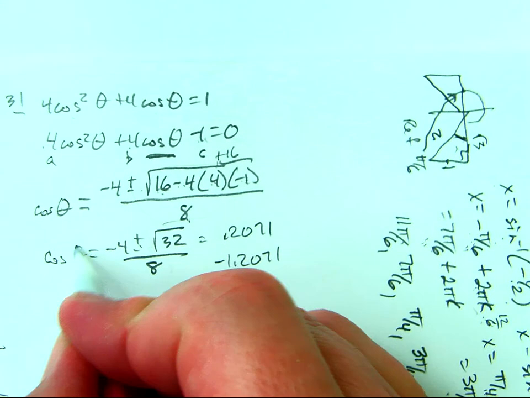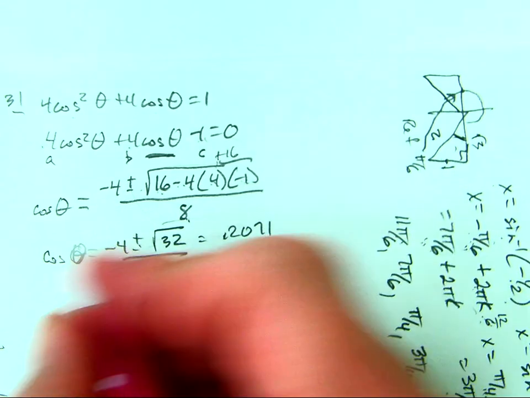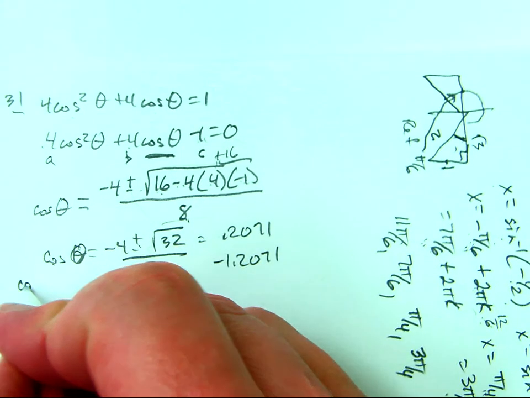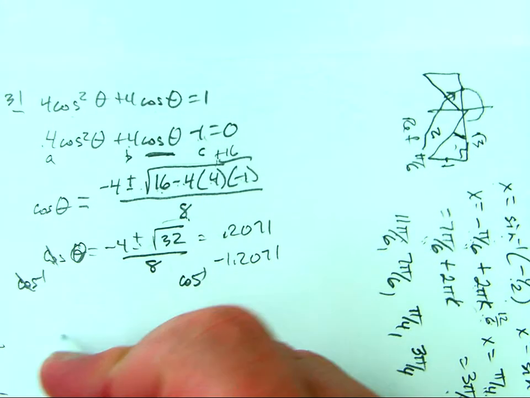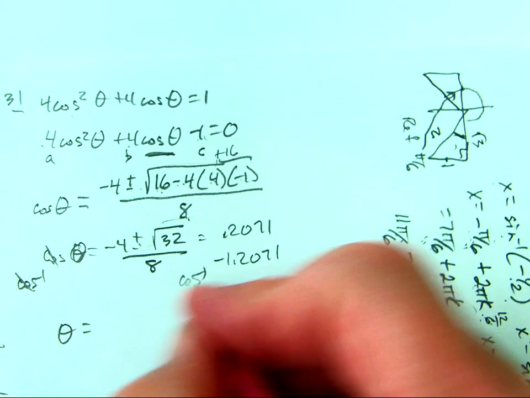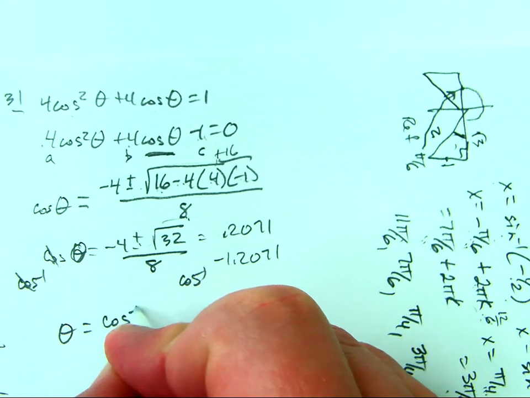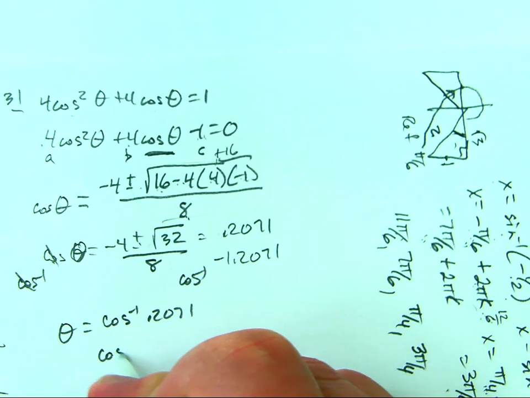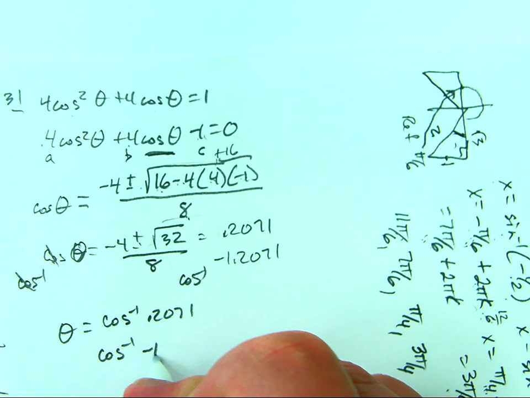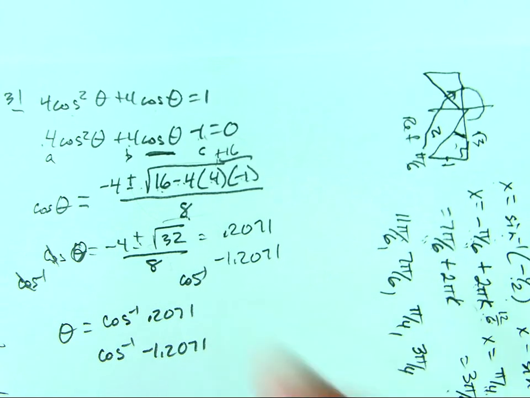Now that's cosine theta equals that. So the next thing is we need to get rid of cosine, so we do the inverse cosine of both sides. So we're going to have the inverse cosine of 0.2071 and the inverse cosine of negative 1.2071.